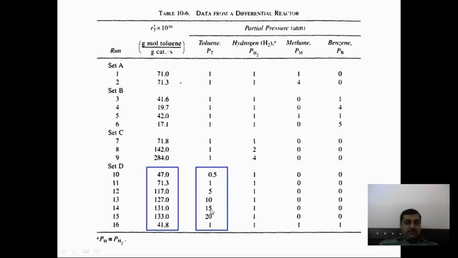If you go from 15 to 20, there has been a very slight rise. What does it suggest? That the rate keeps on increasing fast at a very low value of partial pressure, and it becomes independent, or reaches a plateau, when it reaches a higher value.